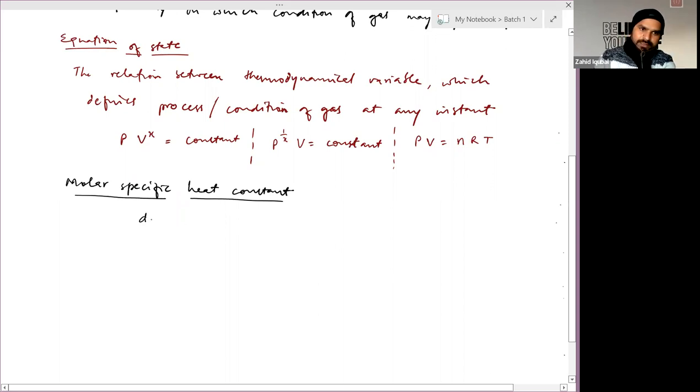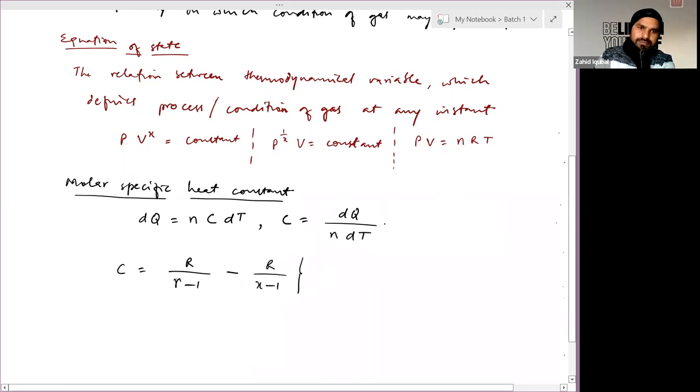So it will be dQ equals n times C dT. So C equals dQ divided by number of moles times dT. But in general, C equals R by gamma minus 1 minus R by x minus 1. So on knowing the value of x, you'll be able to calculate C related to that process.